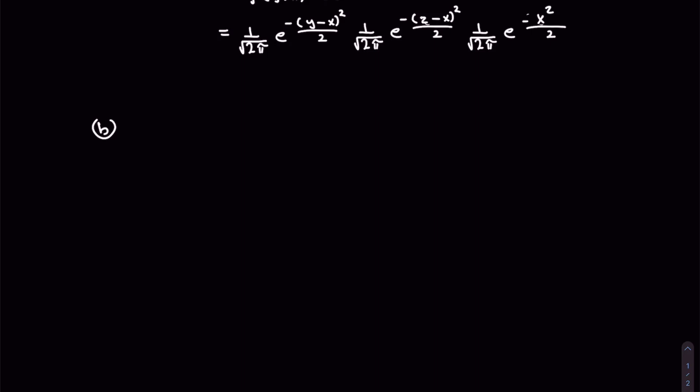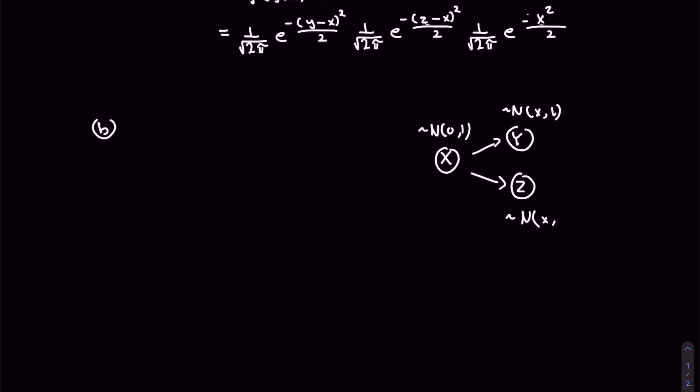We have x, a random variable, and the value of x generates y. This is conditioned on x, distributed normal with mean x and variance 1. Same with z, distributed normal with mean little x, 1.